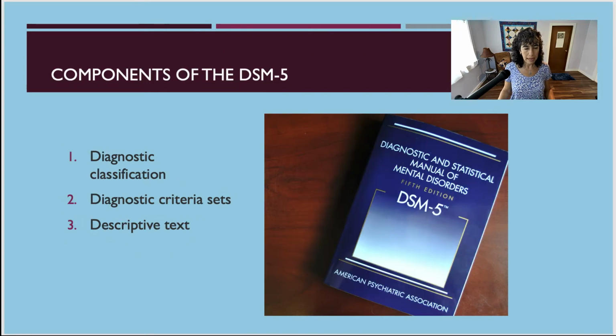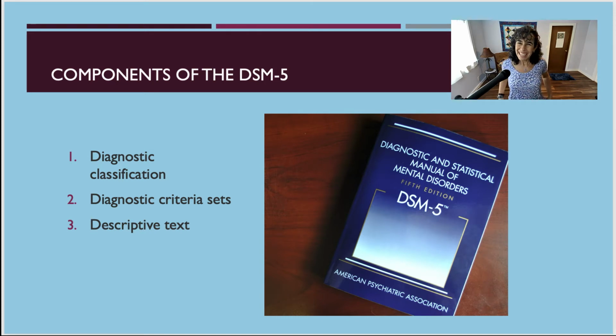Okay, and as I said, it changes over time. For example, we used to list being homosexual as a mental disorder, and thankfully that has been taken out of the DSM-5, and we no longer consider it a mental disorder. We used to have autism spectrum disorders, and there was 5 or 6 different subtypes, including Asperger's and a number of others, and now we just have this one diagnosis called autism 299.00 that has different features.